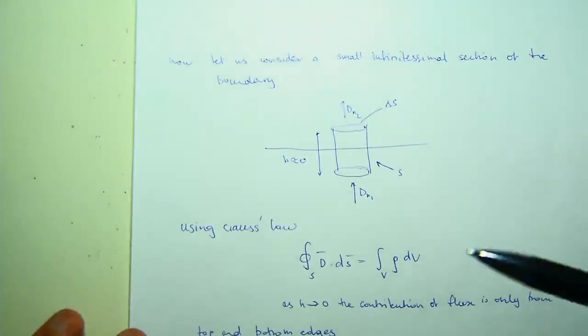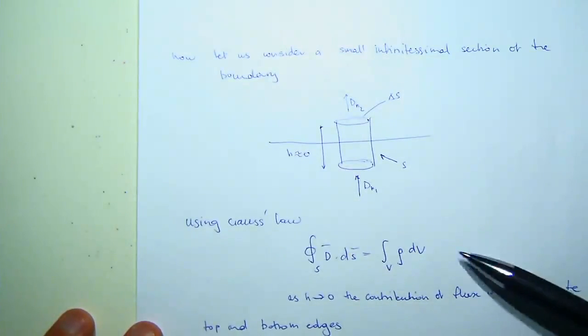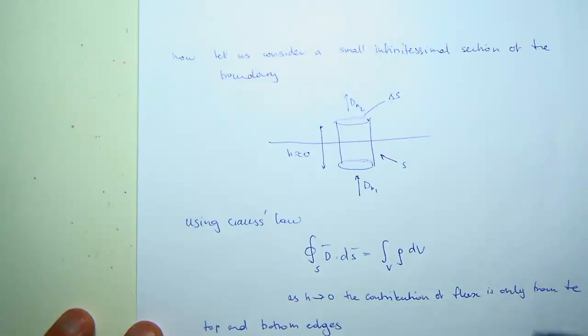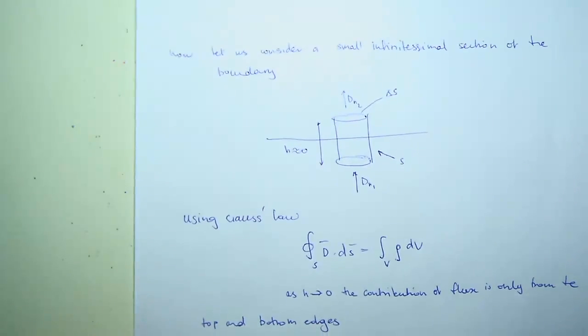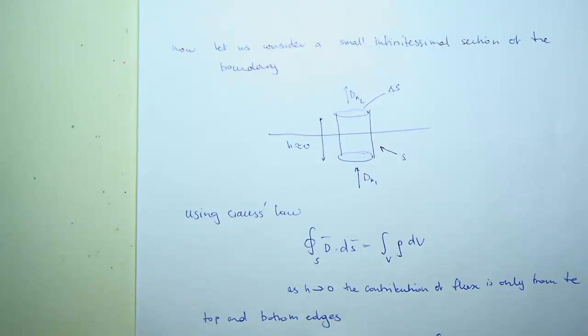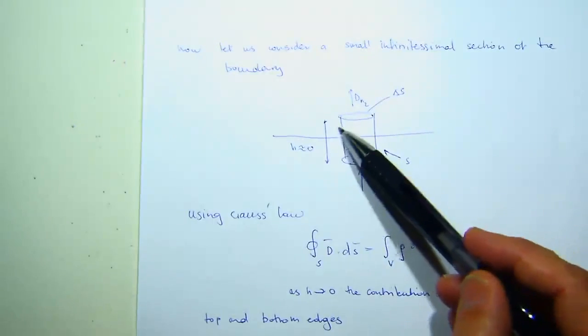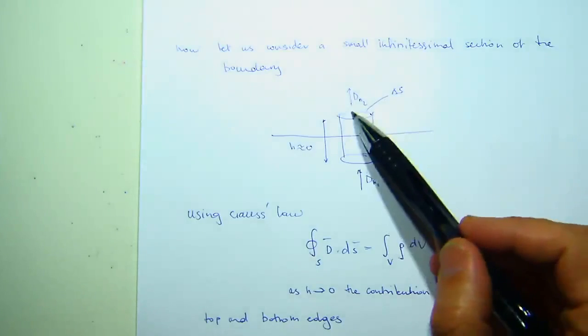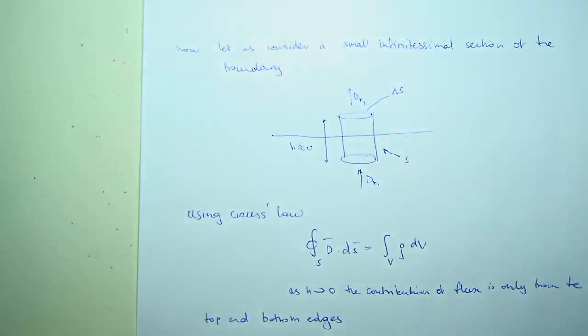If you apply Gauss's law, and here I've written it in integral form rather than differential form, and let h approach 0, what you quickly realize is the difference in the normal components, because all the contribution from the side has tended to 0 as the height becomes 0, and I've only got the top and bottom components of this cylinder.